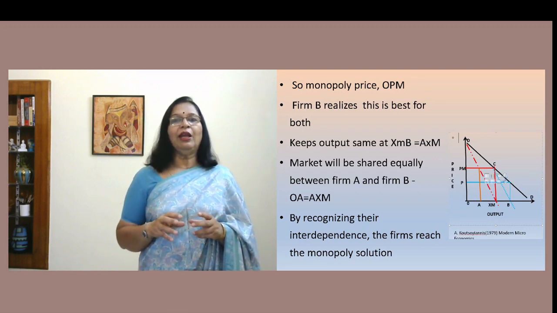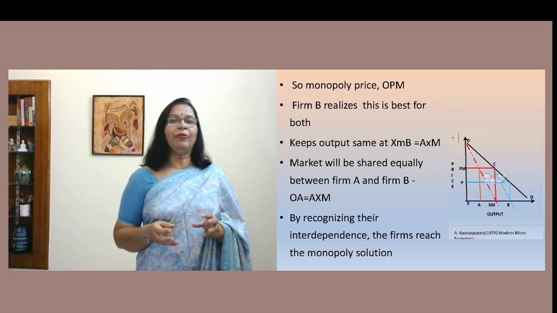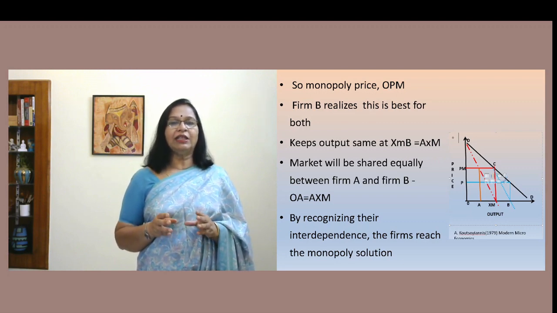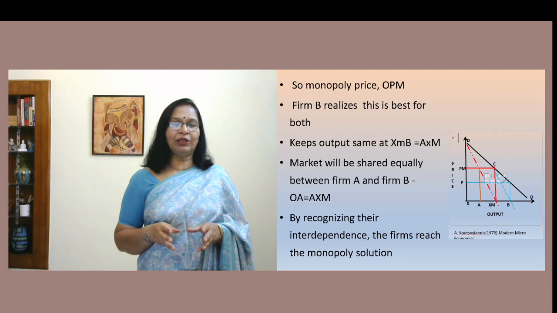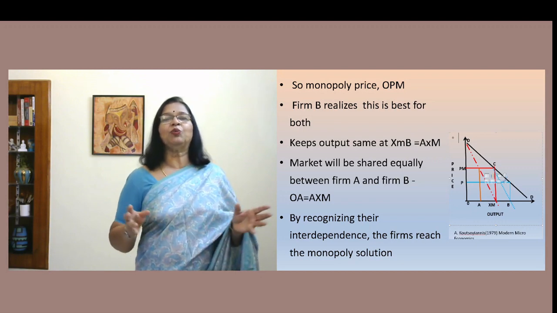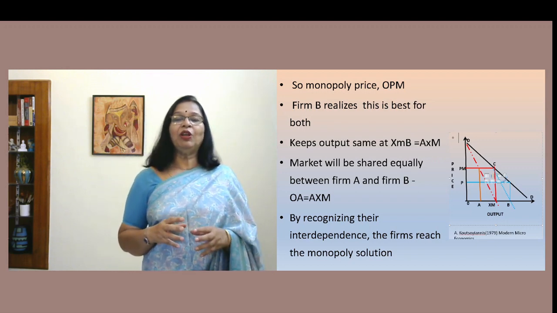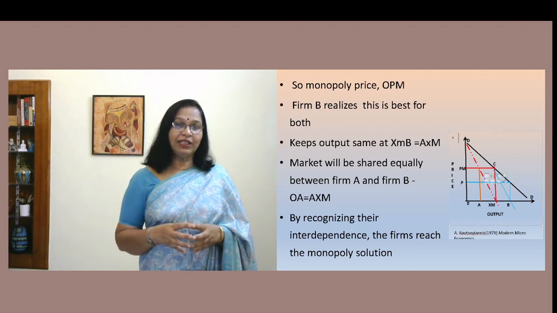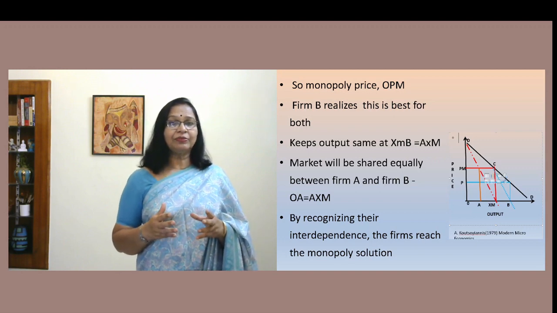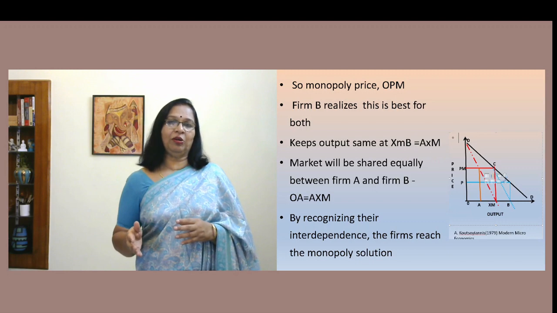So this way, each of the firms, by understanding each other's behavior, decides to stay at the output that was stable for them and at the price that was the monopoly price for them. This is what was Chamberlain's contribution. Now, we may not think it is much, but let us see the kind of change we are experiencing in the ideas of oligopoly.